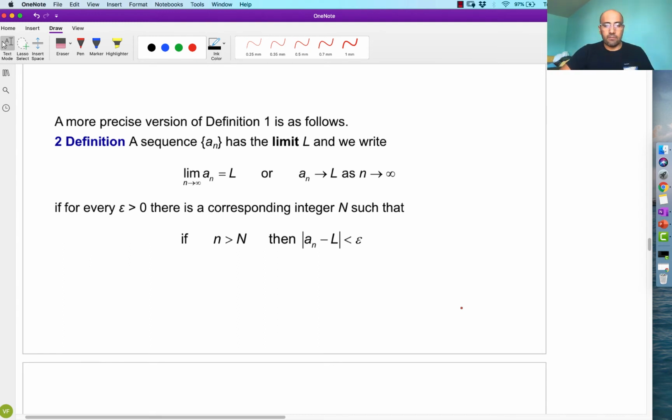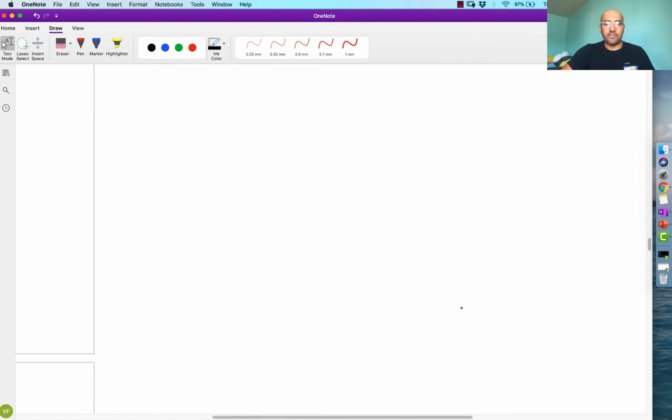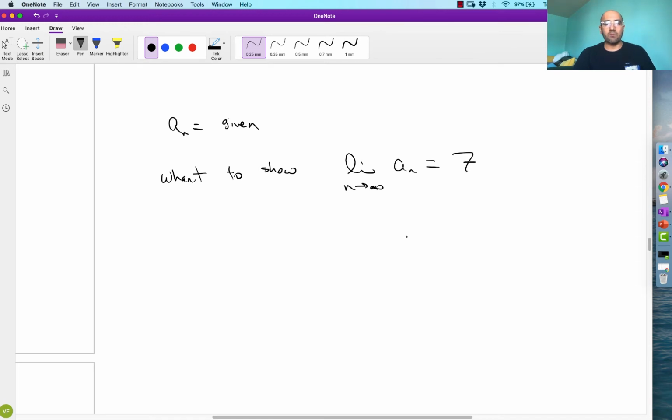What does that mean? Okay, so let's say that there is some function a sub n given, some given function of n. And you want to show that the limit as n goes to infinity of a sub n equals, I'm just making some number up, 7.